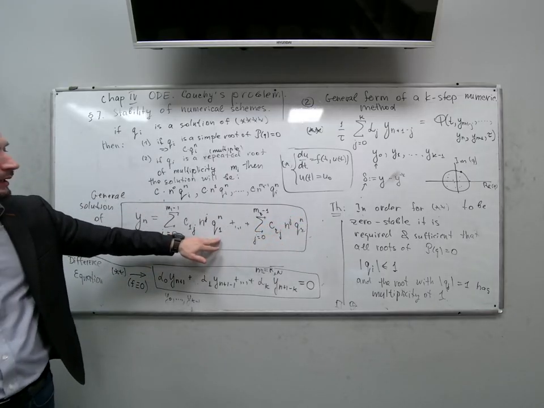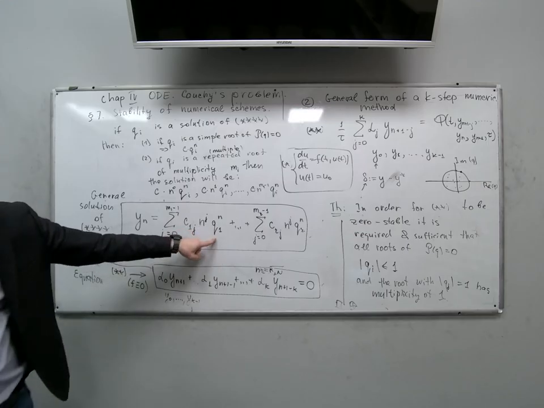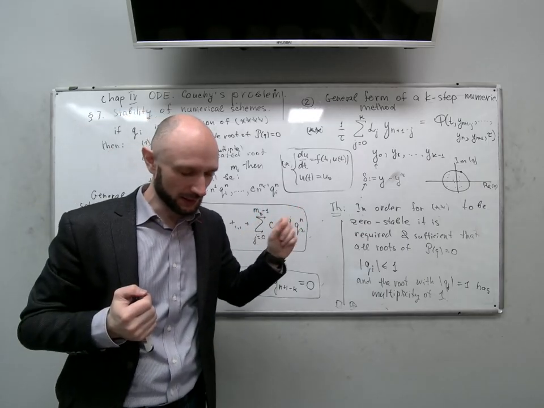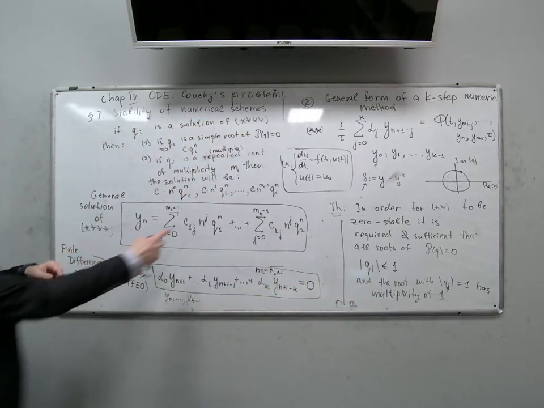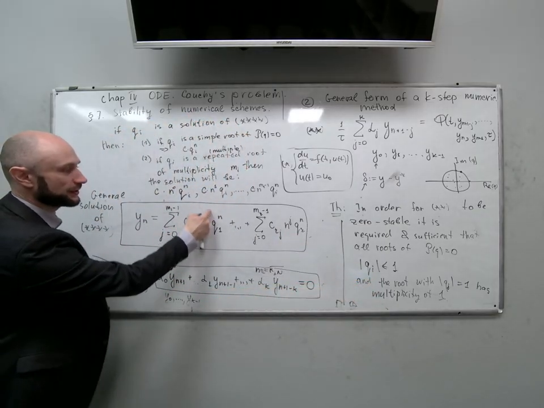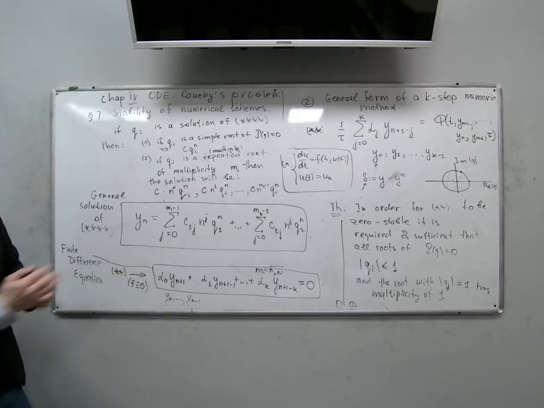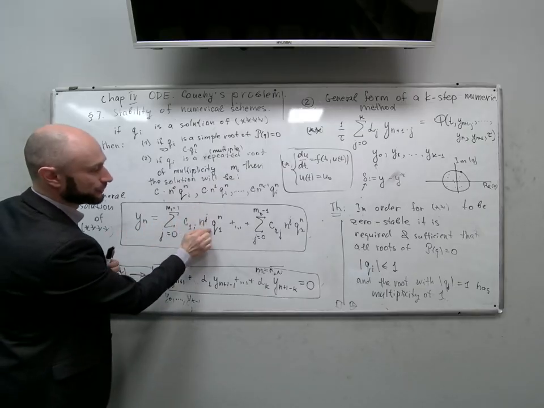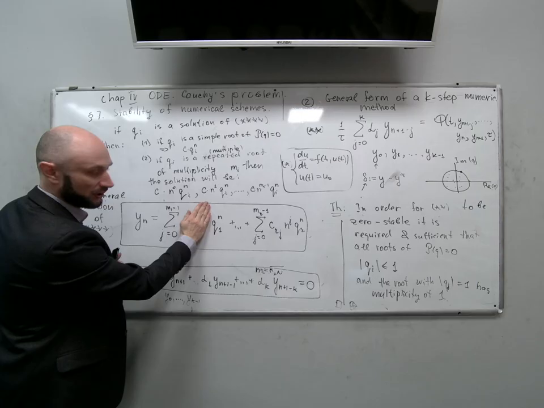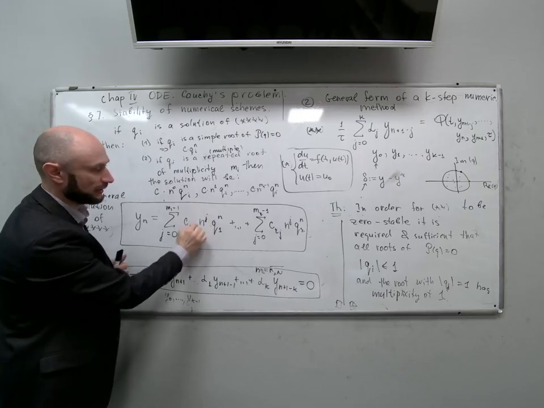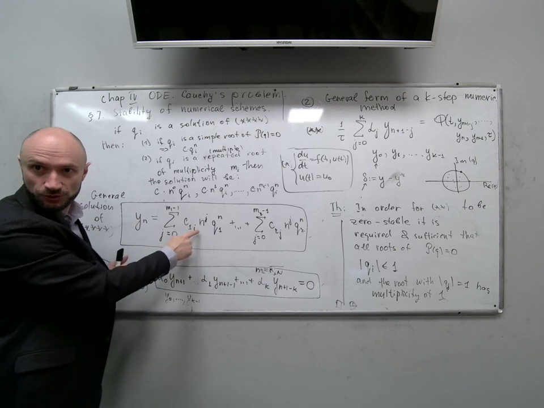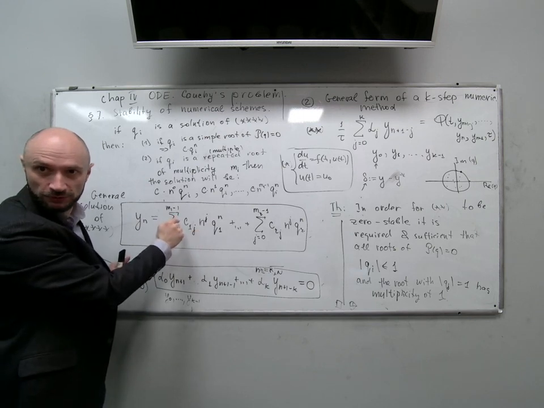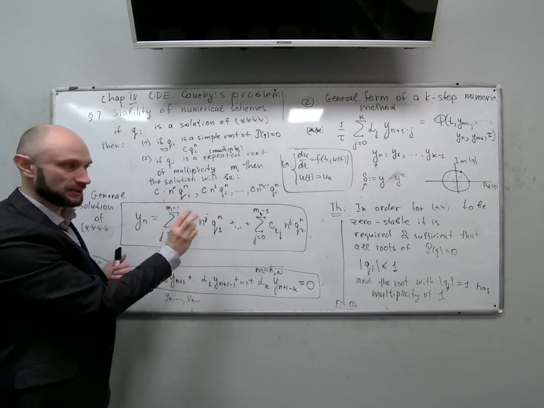Okay? In case we have a multiple root, then this n coefficient appears in the formula, right? If the root is simple, not a multiple root, then we don't have this n coefficient because j is 0. Only the j0 term remains in this sum for simple roots.